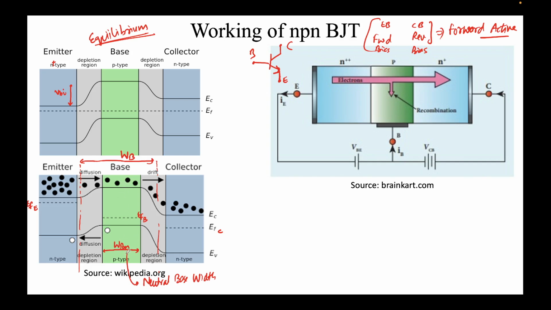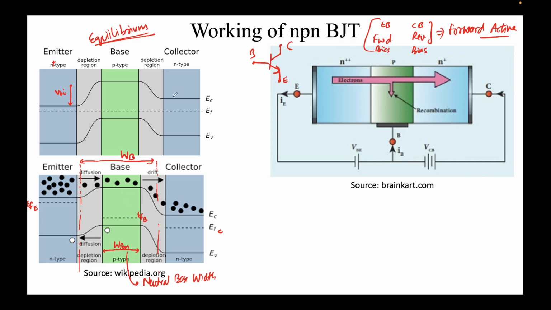We want WBN to be as low as possible, and if WB is lower, the chance that WBN is also lower. So when we are fabricating such devices, especially for amplification purpose, we want to be in the forward active mode. Recall the output characteristics. That's why we want the doping in the base to be low, and the base width, in fact the neutral base width, to be as small as possible.